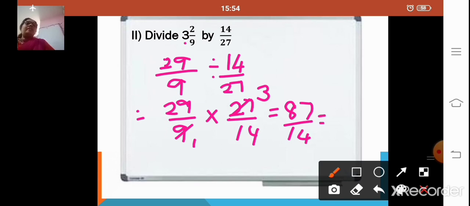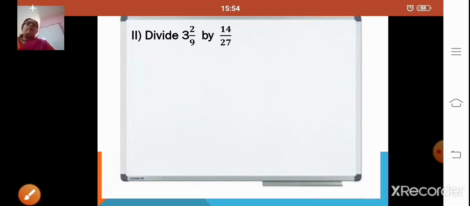So I'll divide this 87 by 14. I'll get my final answer as 6 whole 3 upon 14. Okay. Same as what we did in the last class, but here we will divide it. It is division of a fraction by another fraction.